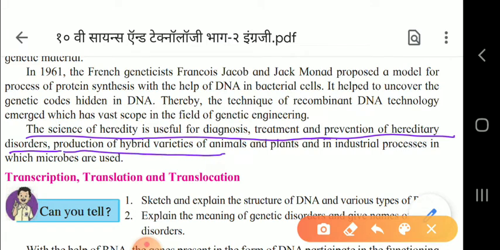Hybridization is already studied in 9th standard. So hybrid varieties of animals and plants, as well as in industrial processes in which microbes are used.